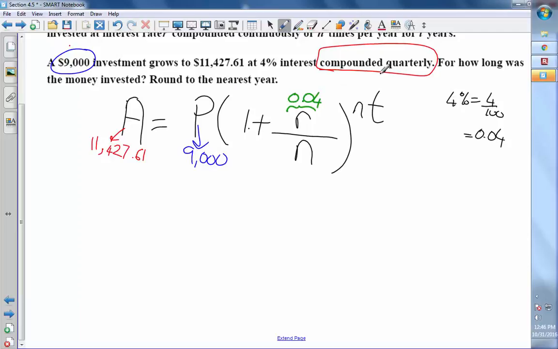Since you're getting interest every quarter, 3 months, how many 3 months do you have in 12 months, 1 year? How many? 4. Quarter means 4, right? So that's 4. Do we know how long we keep this money in this account? No, that's the question. So this is unknown. This is what is asked. All right?